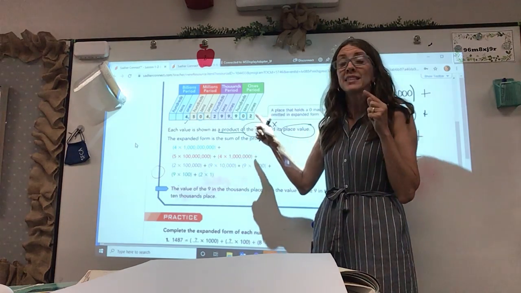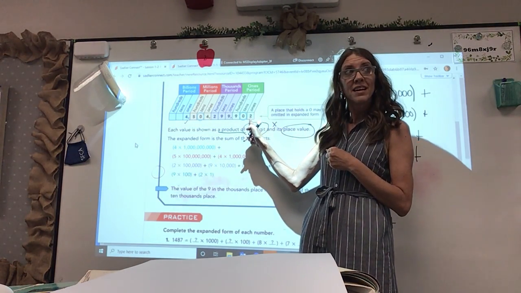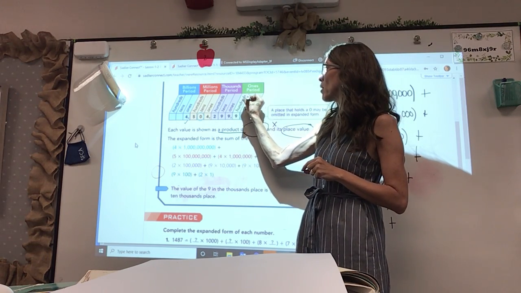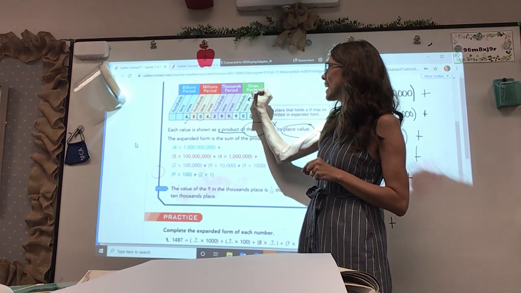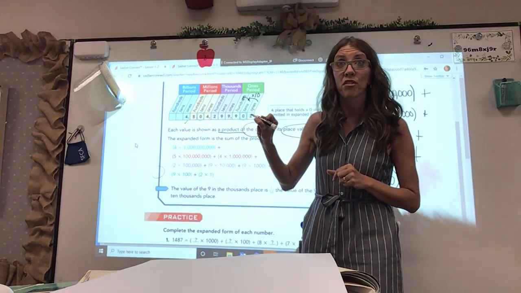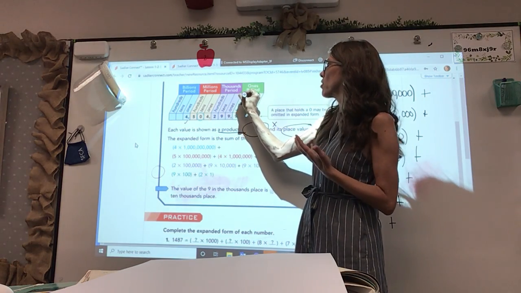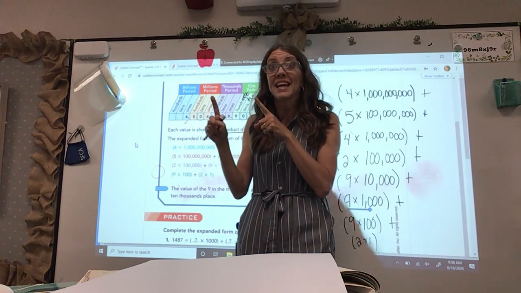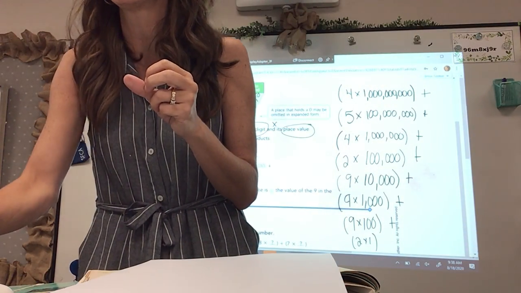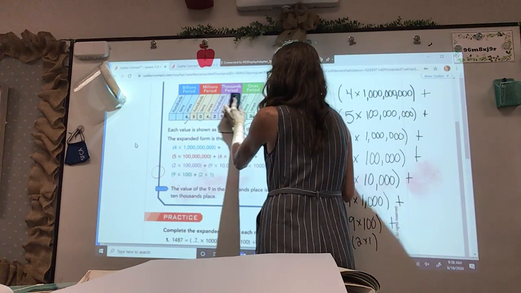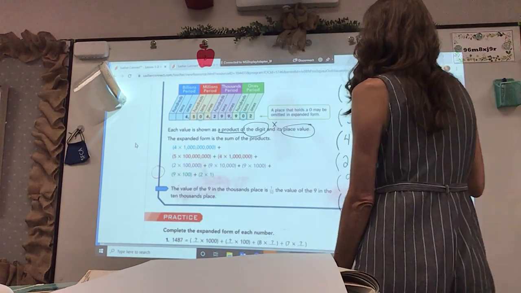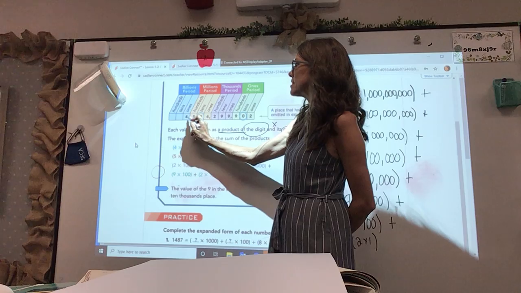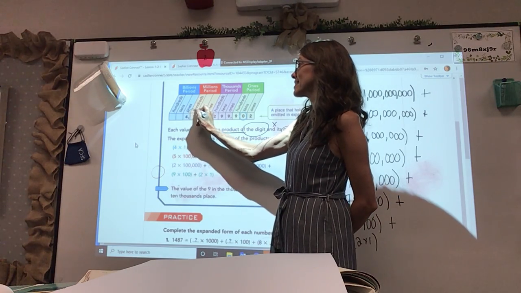You know how yesterday I said, if I have a 2 here, and I move the 2 over to the left, I increased its value by what? 10. I multiplied it by 10. And if I move it over again, how much more is it worth? 100. It's worth 10 more, or 100. And then 10 more, and 10 more, and 10 more. Every time you move a digit to the left, its value increases by what? 10. But what happens if we take this 4 and we move it to the right?